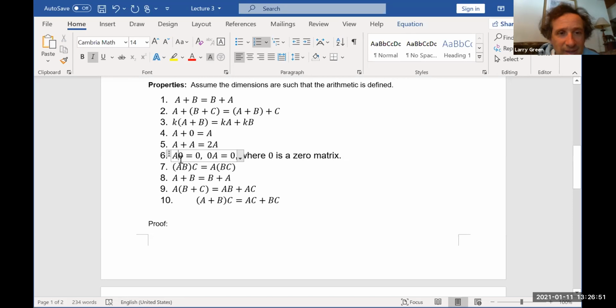A times 0 equals 0, and 0 times A equals 0, where 0 is a 0 matrix. Or maybe I'll even write, or 0 is a scalar. It works for both. They're totally different, but you still get the 0 matrix out of it.